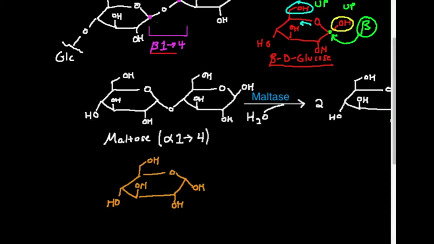All right, so let's look at this. We look at this group that's going counterclockwise from the oxygen that's part of the ring. We notice it's going up, right? We can also look at this group right here. This also happens to be the anomeric carbon because this is also D-glucose. Is it beta or alpha though? Well, this group is going down.